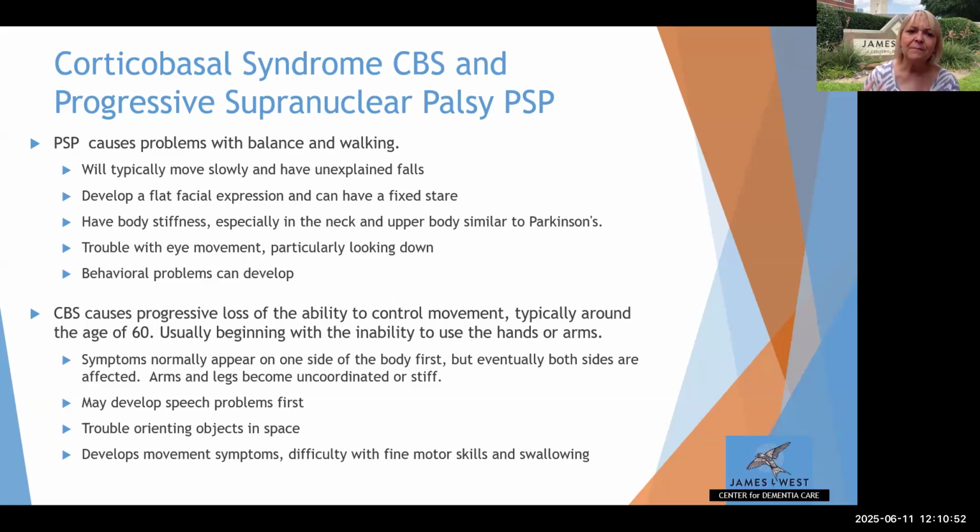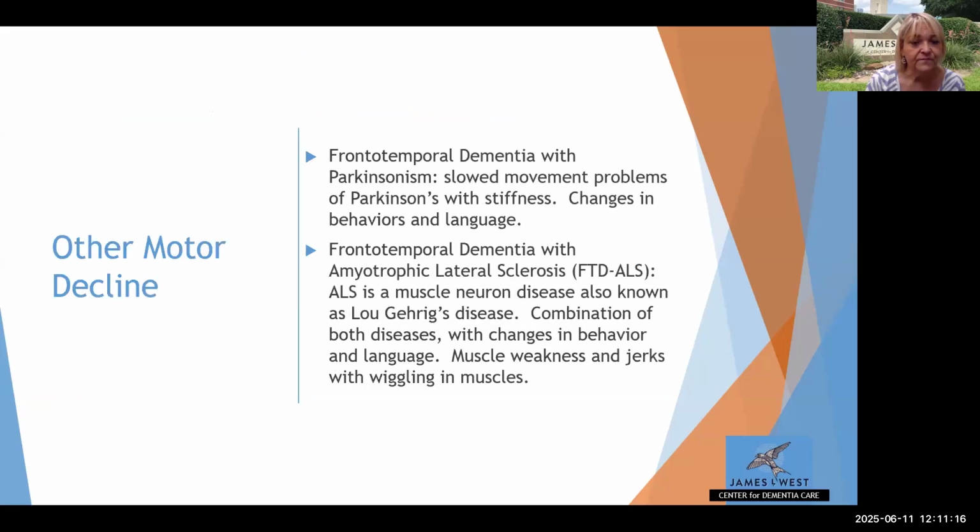Arms and legs can become uncoordinated and stiff. They can develop speech problems, a hard time orienting objects in space, maybe overreaching for something, reaching over or missing a chair, developing movement symptoms, difficulty with fine motor skills, and swallowing.